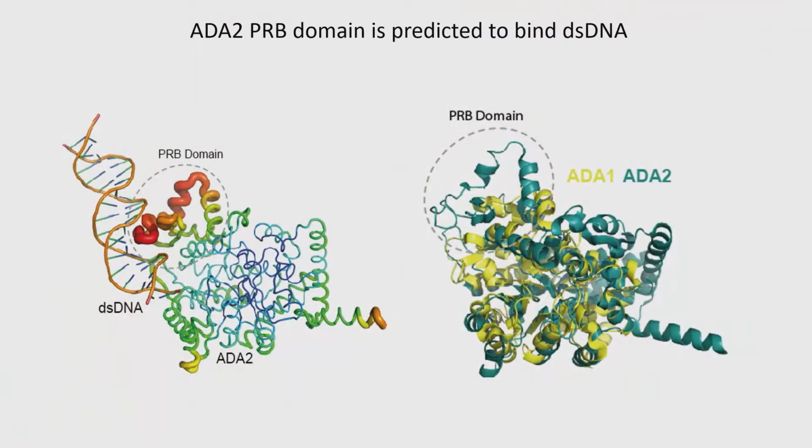And then here we have made a model based on the excellent structure by Zavialov from 2010. And we see here that the PRB domain, putative receptor binding domain, which is absent in ADA1, actually has signature sequences by in silico measurements for binding to DNA.